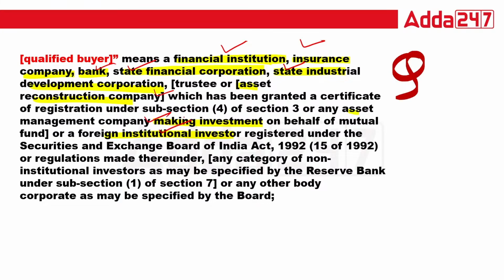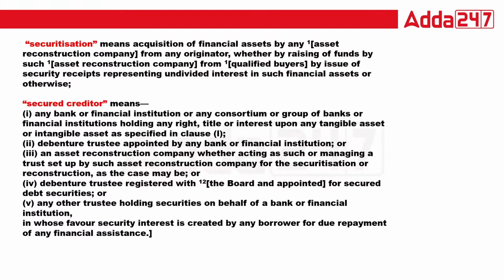So these are the qualified buyers. Important. What is a secured creditor? It means any bank or FI, debenture trustee, asset reconstruction company, debenture trustee registered, or any other trustee holding the security. That is called a secured creditor.